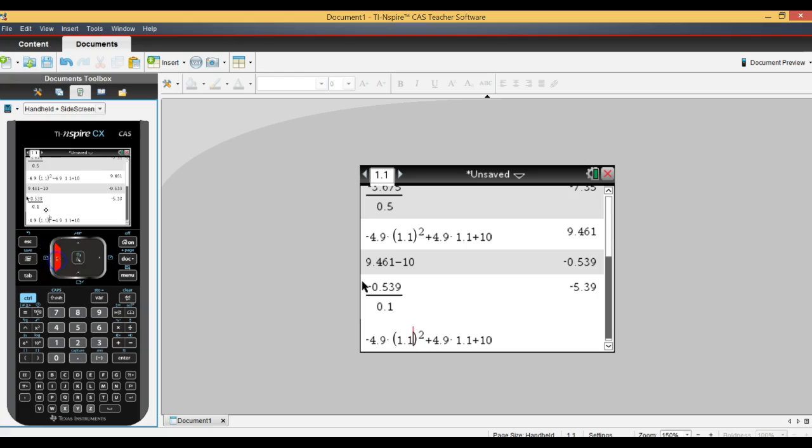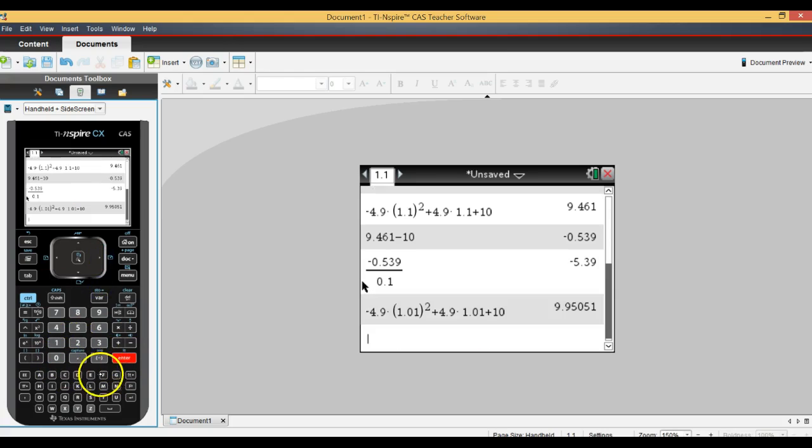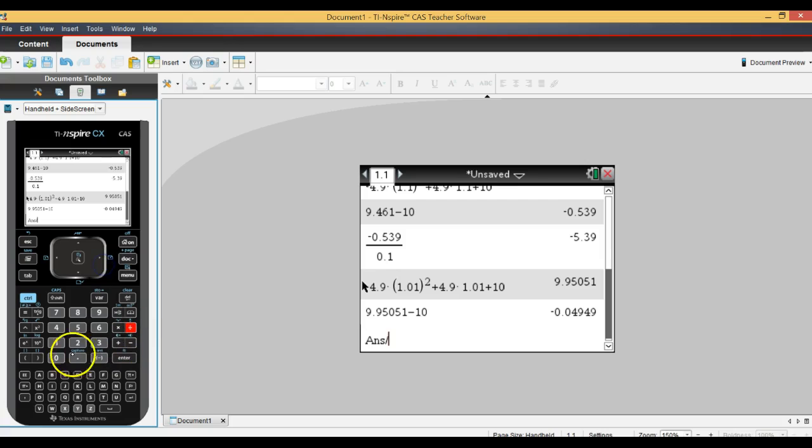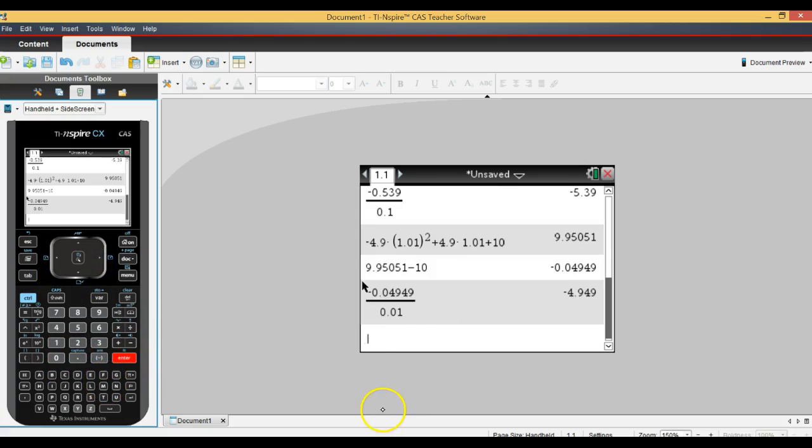So 1.01 goes in there, 4.9, 1.01 goes in there. Hit enter. Now I'll subtract 10 from that, and I divide by 0.01. Minus 4.949.